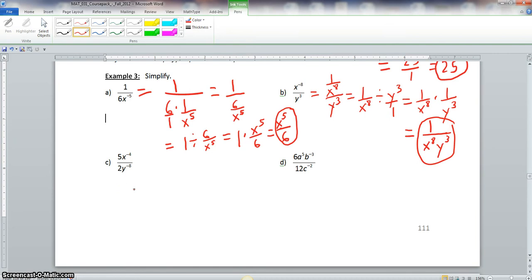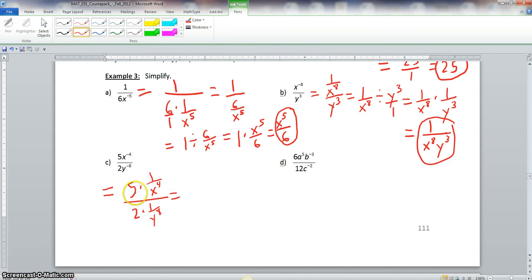Now we come here to C. Now we have 5 times 1 over x to the 4th power all over 2 times 1 over y to the 8th power.